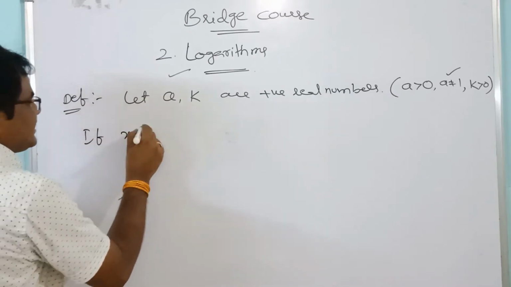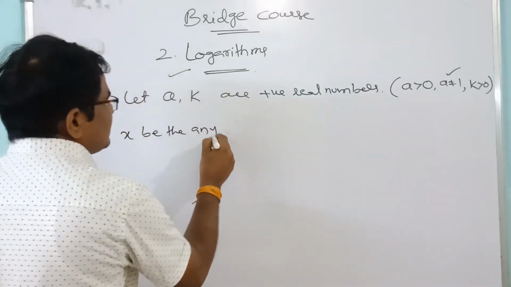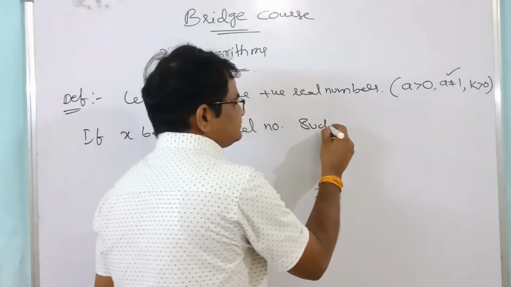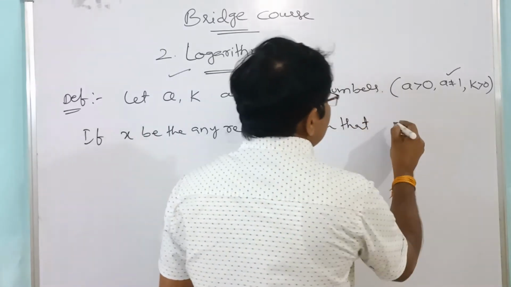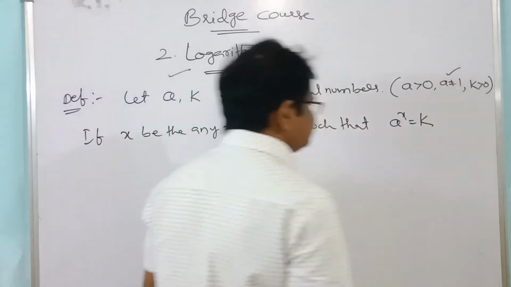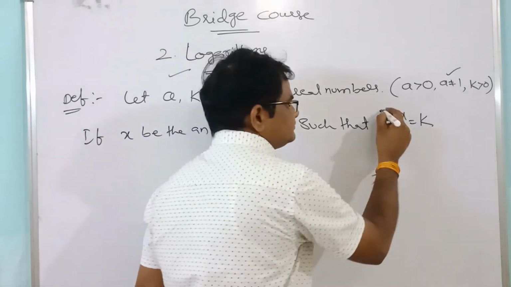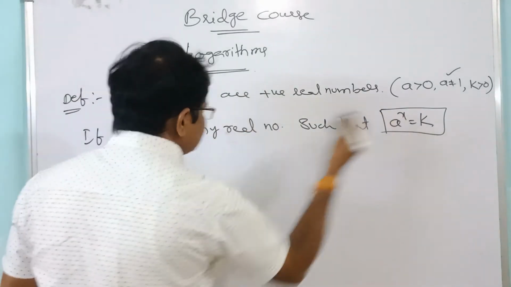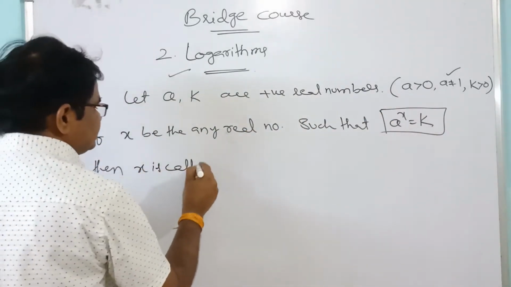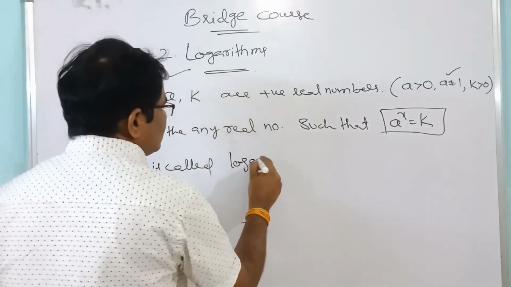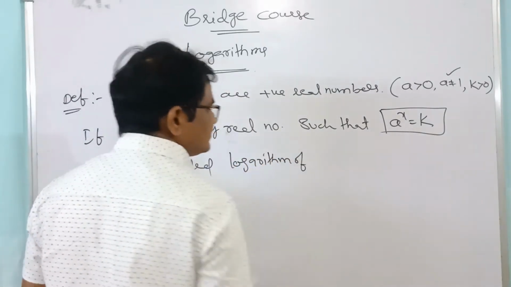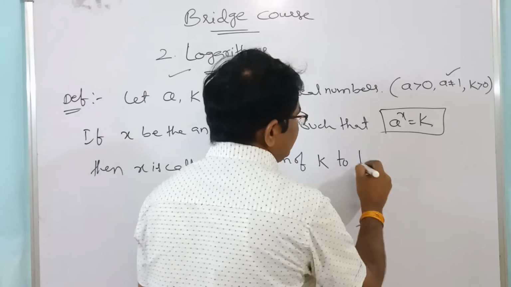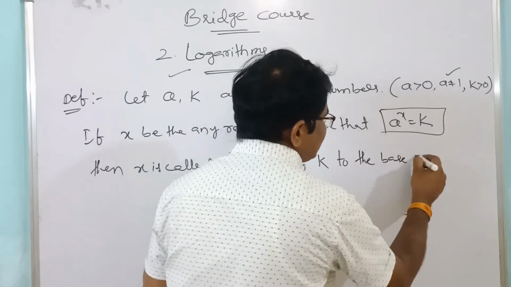If x be any real number such that a power x equal to k, this is the important one, a power x equal to k, then this x is called the logarithm of k to the base a.